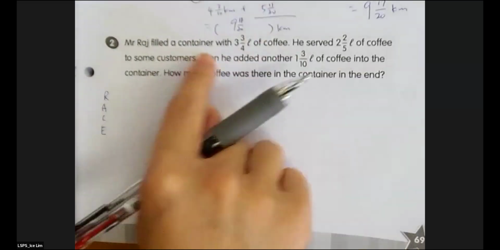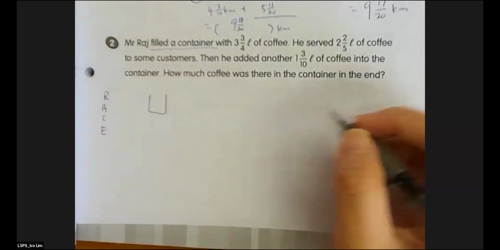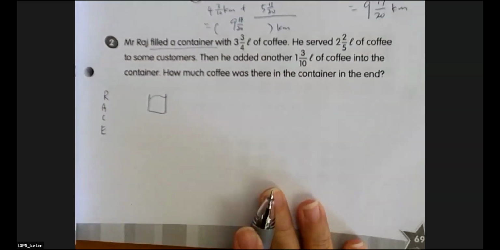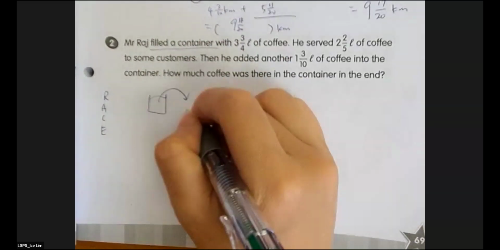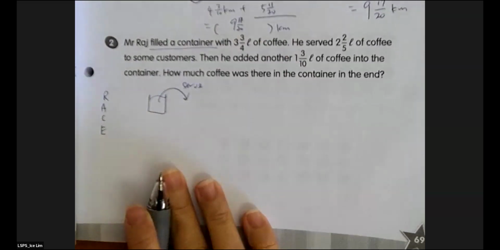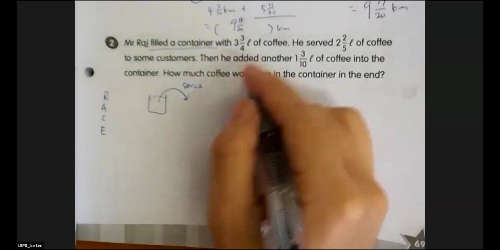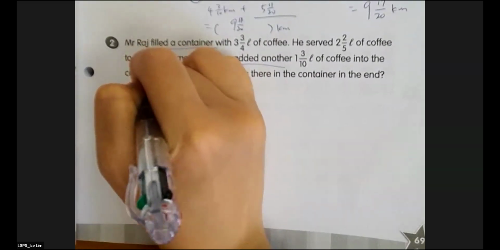Okay, so at first there's this container. The container has some coffee. Then he takes some coffee out to customers. Then he added another amount in.